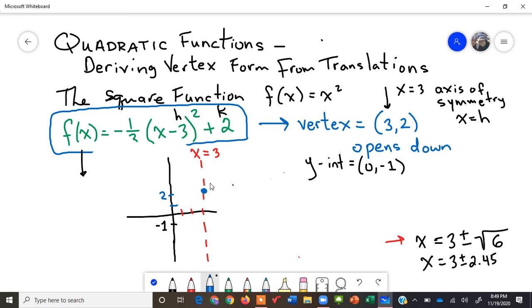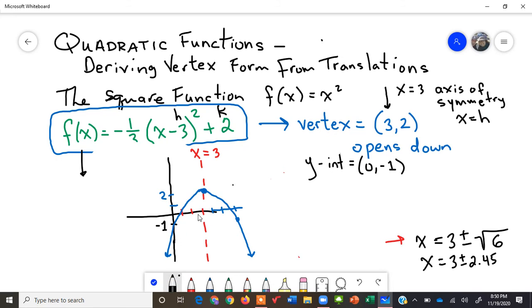It opens down, and it passes through this negative 1. And because of symmetry, we can find another point here that is 3 units from the axis of symmetry and 1 unit down to mirror the y-intercept, to draw our graph.